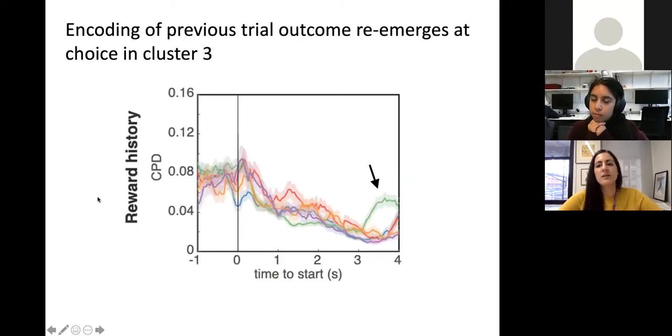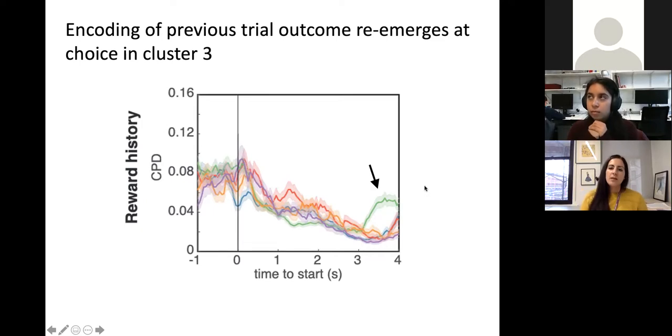If we look a little bit deeper at cluster 3, this is the coefficient of partial determination. I'm sorry, these should be in percent, so multiply everything here by 100, of reward history. Basically, when the animal starts the next trial, there's still a memory of whether the previous trial was rewarded that's being expressed across the population. But cluster 3 is the only one that has that reward history representation reemerge at the time of choice.